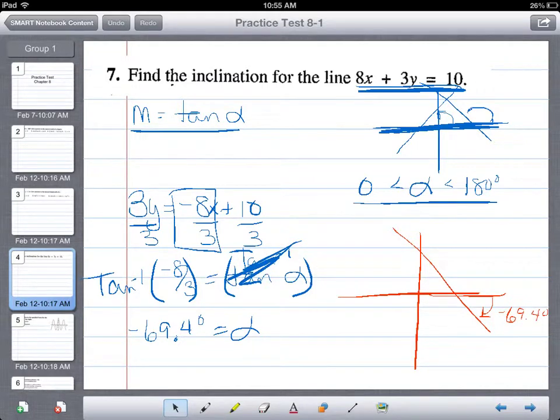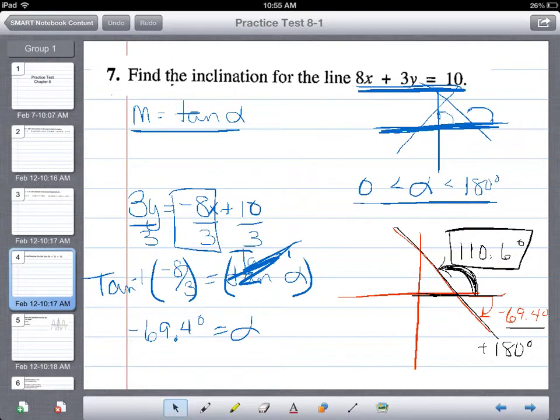But what I'm really interested in is figuring out this obtuse angle going from the x-axis positively. Just realize that lines form 180 degrees, so I'll take this negative 69.4 and add 180 degrees to it to get this remaining obtuse angle. When I do that, I get 110.6. So that is my inclination angle.